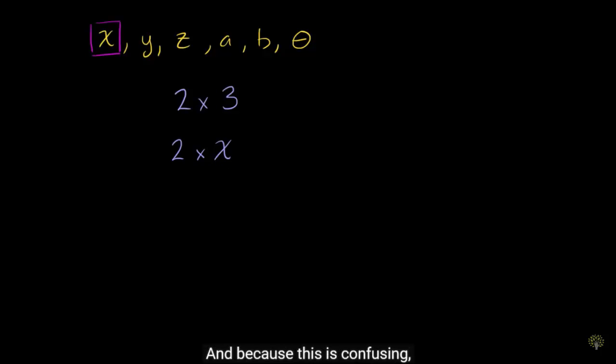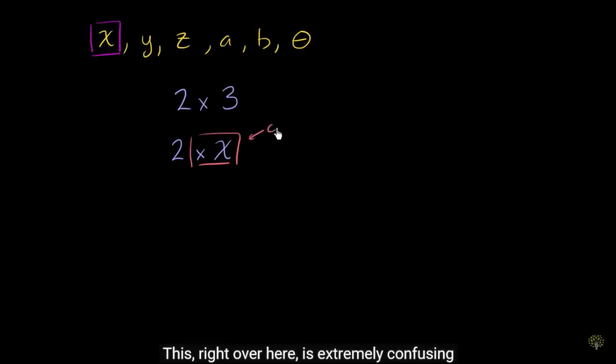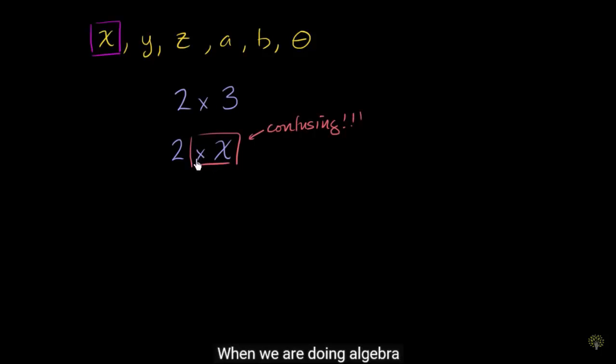And because this is extremely confusing and can be misinterpreted, we tend to not use this multiplication symbol when we are doing algebra. Instead, to represent multiplication, we have several options.